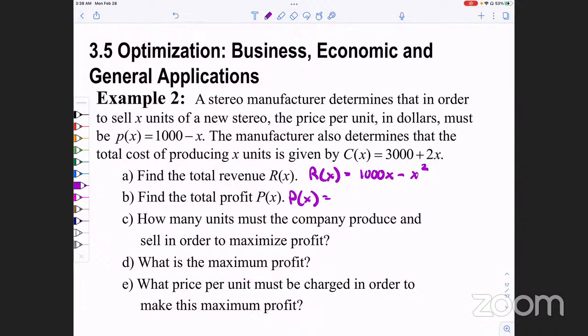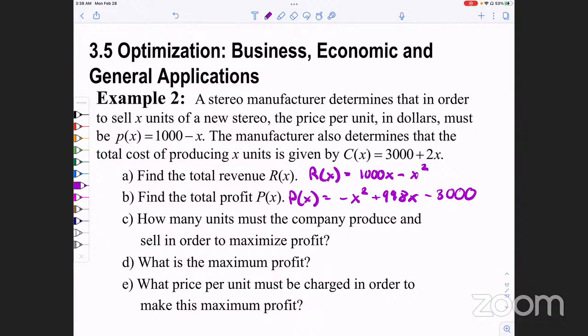Minus the cost, right? So we get a negative x squared, minus 2, 998x. Revenue minus cost gives P of x. Profit is revenue minus cost. I just didn't write it down.